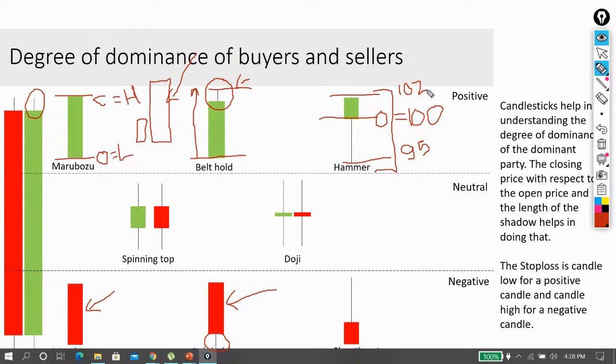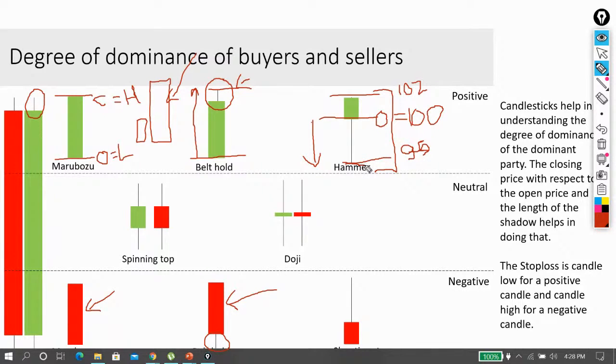Okay. Now what would have happened in this particular day? The price opened at 100. Sellers came in. They tried to push the price 5% down. That is 95. Now 5% is an example here. It could be anything. So here it became 95.